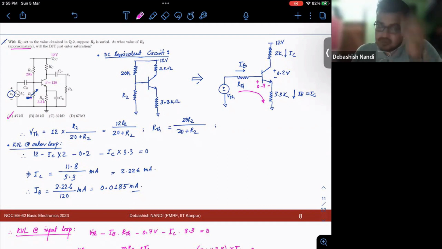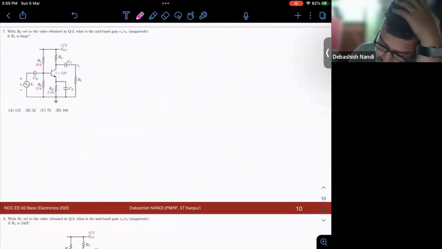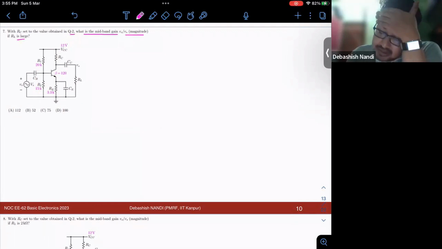Okay. So let's move on to the next problem. It asks: what is the value obtained for Q2? What is the mid-band gain magnitude of this? So it is asked to find the gain in the mid band. What do I mean by mid band?